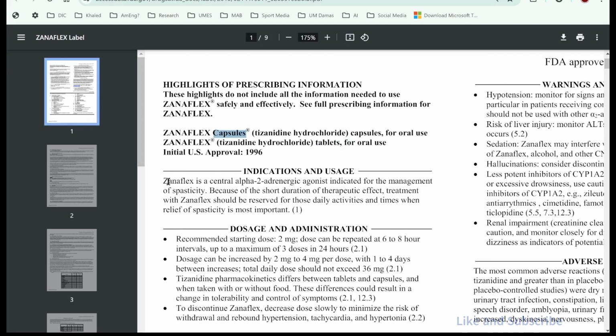Tizanidine, Zanaflex, is a central alpha 2 adrenergic agonist. This is a key word, central alpha 2 adrenergic agonist, used for spasticity. Zanaflex is reserved for those daily activity times when the relief of spasticity is most important. Short duration of action.